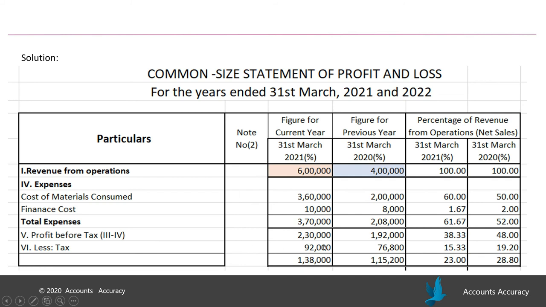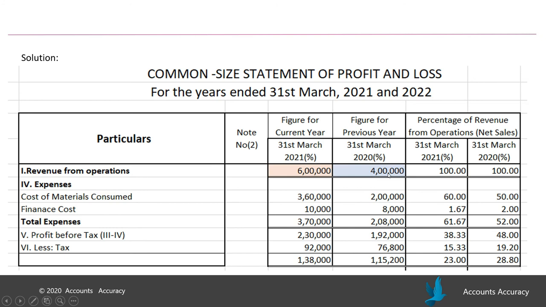For profit before tax, 2,30,000 divided by 6 lakh into 100, it will come 38.33. For tax, 92,000 divided by 6 lakh into 100, it will come 15.33. For 1,38,000 again divided by 6 lakh into 100, it will come 23%. So this is how you will calculate the percentage of your 2021 column.